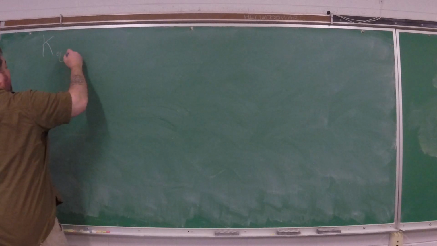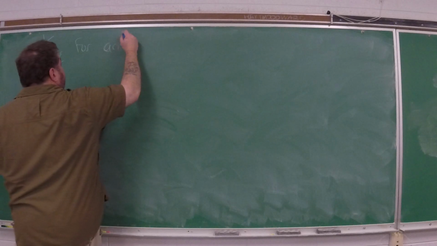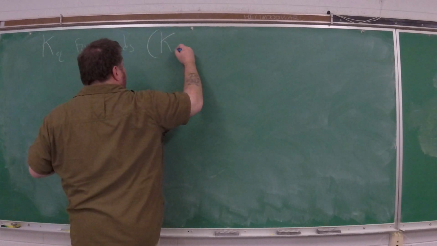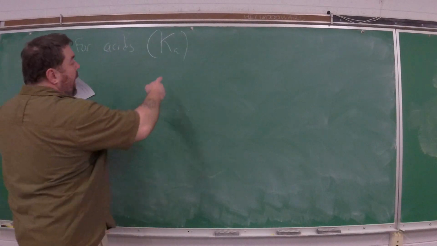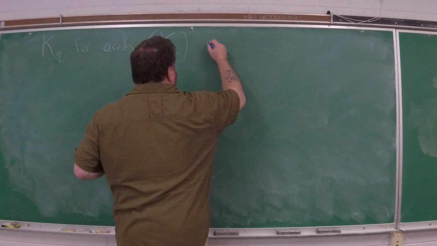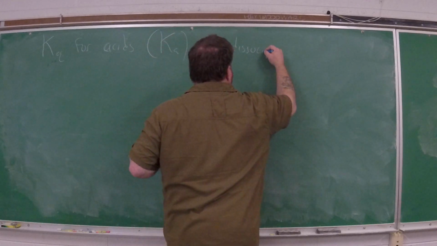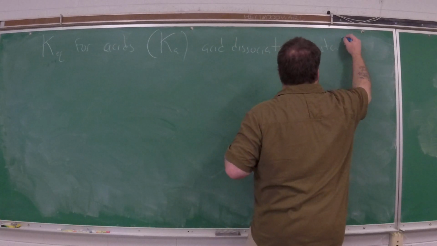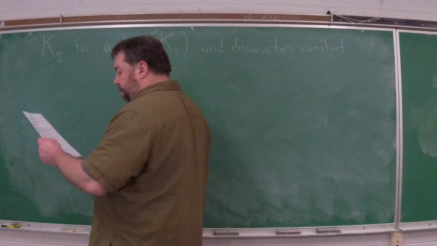K equilibrium for acids is going to be capital Ka. It's going to be similar to K equilibrium, Kc or Kp, and this is called the acid dissociation constant.